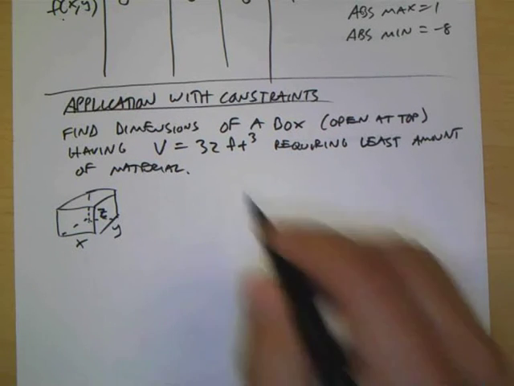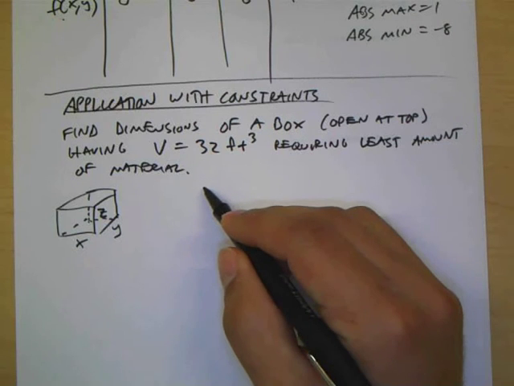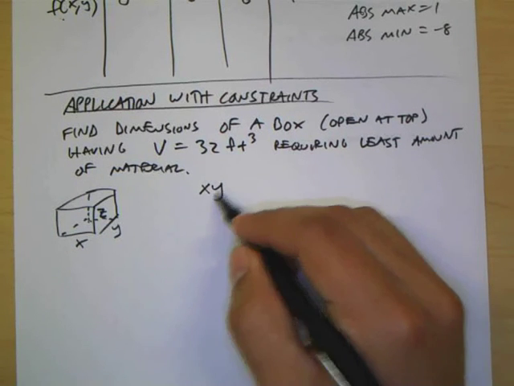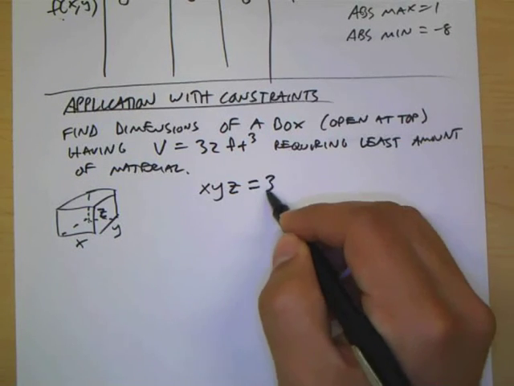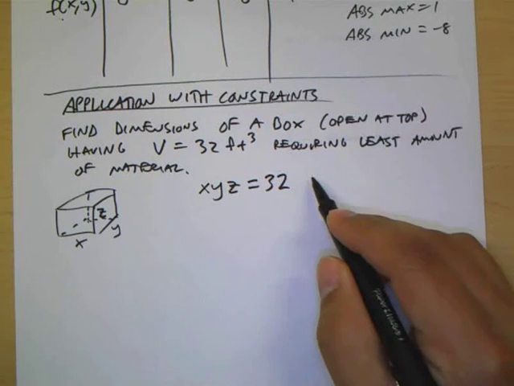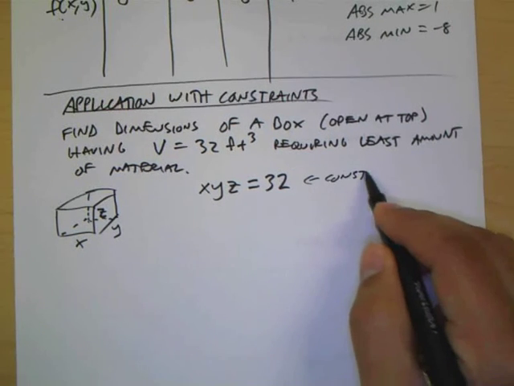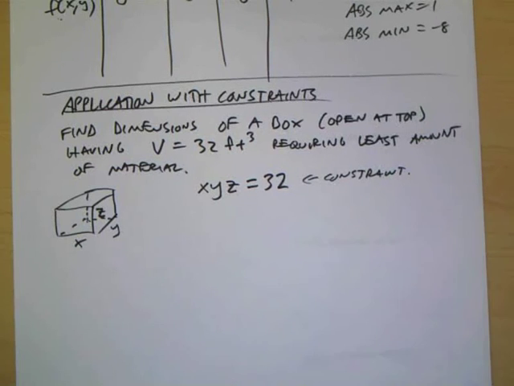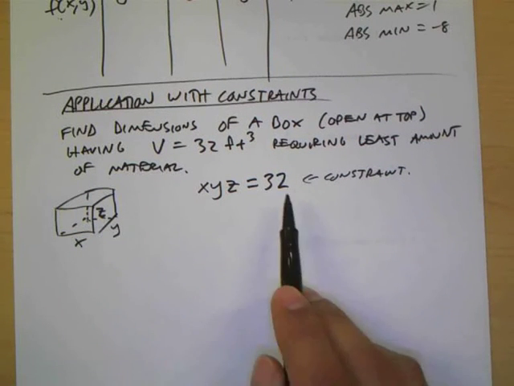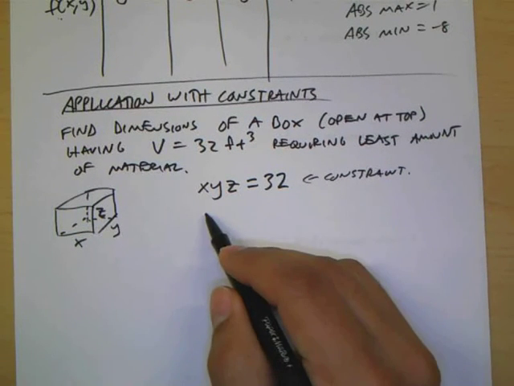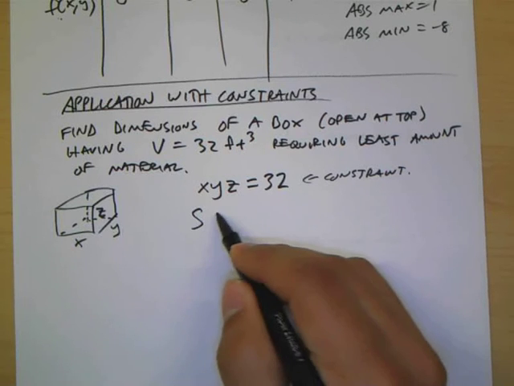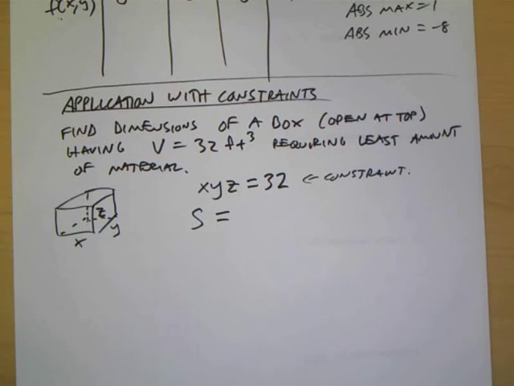So then the volume, which is 32, would be found by x times y times z. So this is the constraint. This needs to happen. And now what we're interested in is the surface area, particularly the smallest surface area possible, right? What would the surface area for the box be?